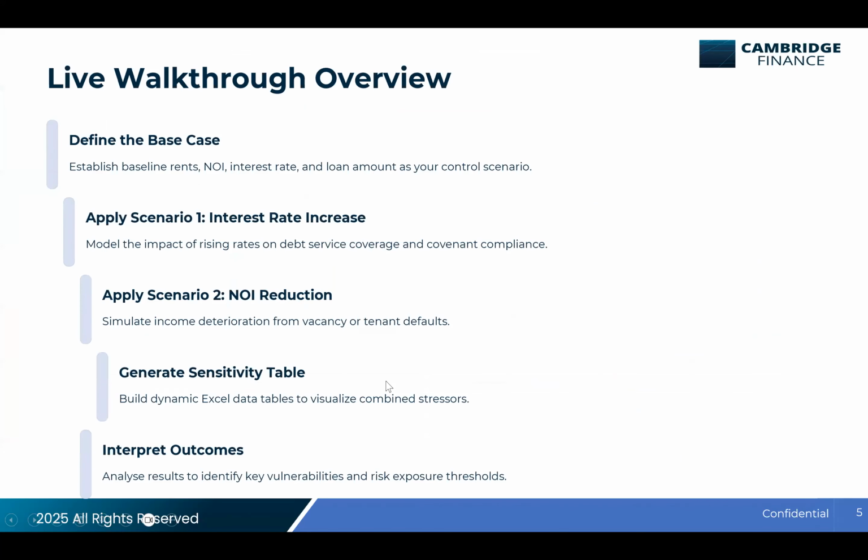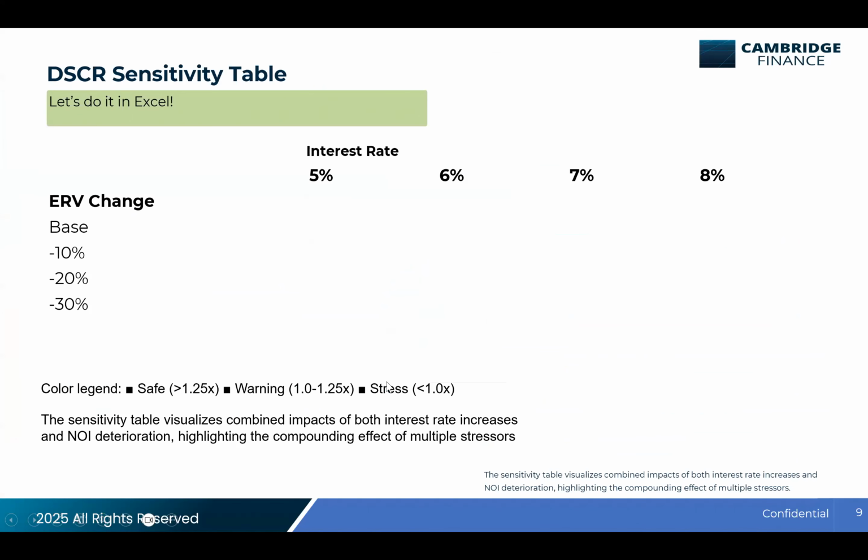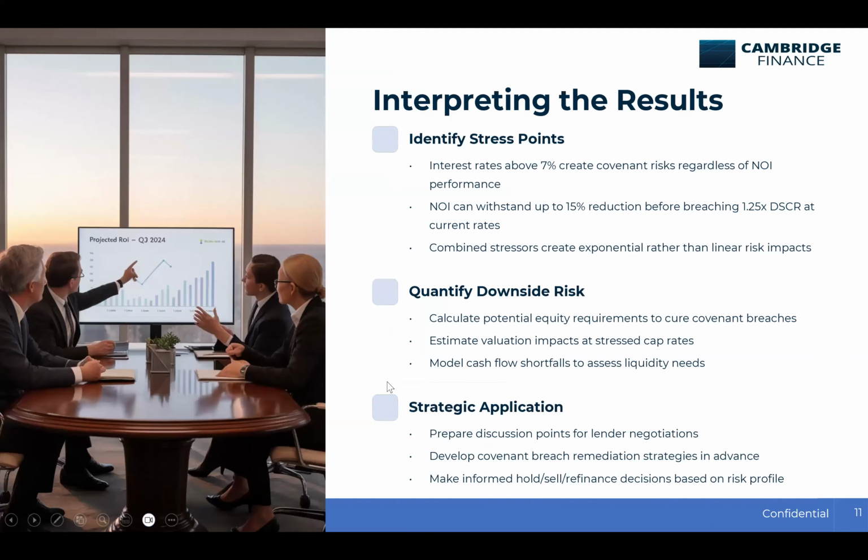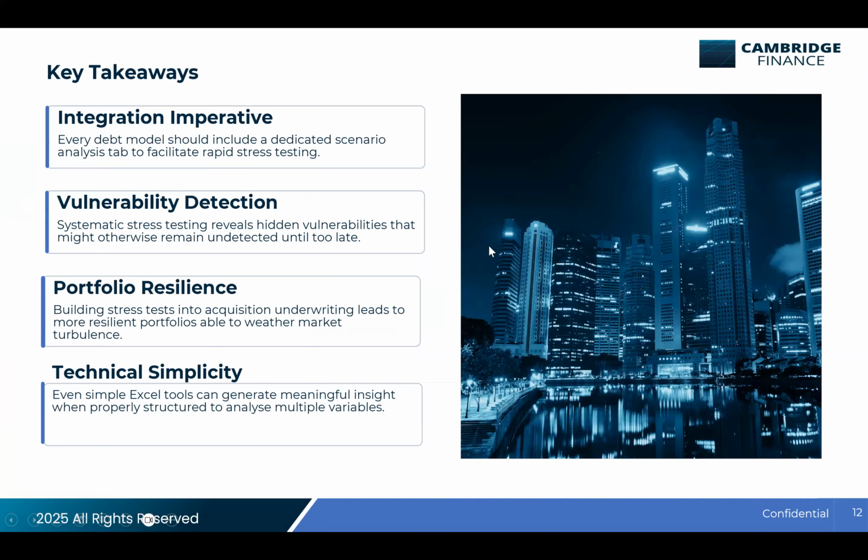And then just to close here, of course, you always need to interpret the results. So that's very important. Okay, so that's what we did with the scenarios and the key takeaways. Integration of the asset side and the debt side is very important. Just don't hard code.